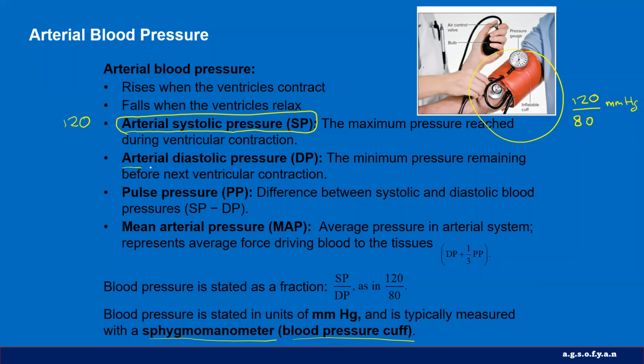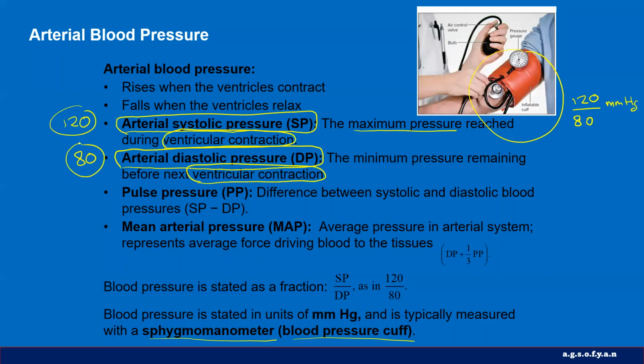And the lower number comes from the arterial diastolic pressure, usually around 80. So 120 is the maximum pressure reached during the ventricular contraction, and 80 is the minimum pressure remaining before the next ventricular contraction.